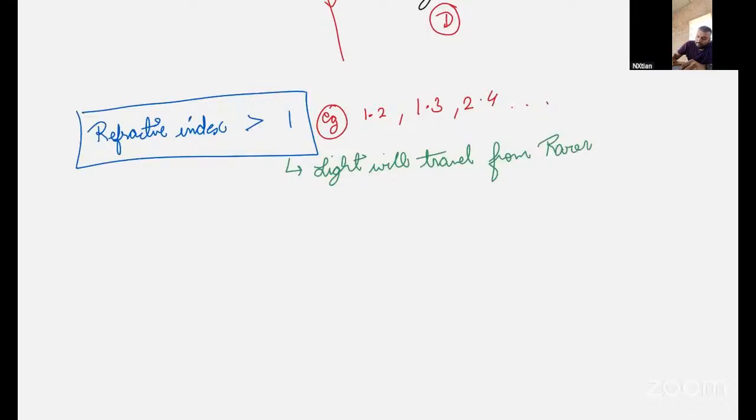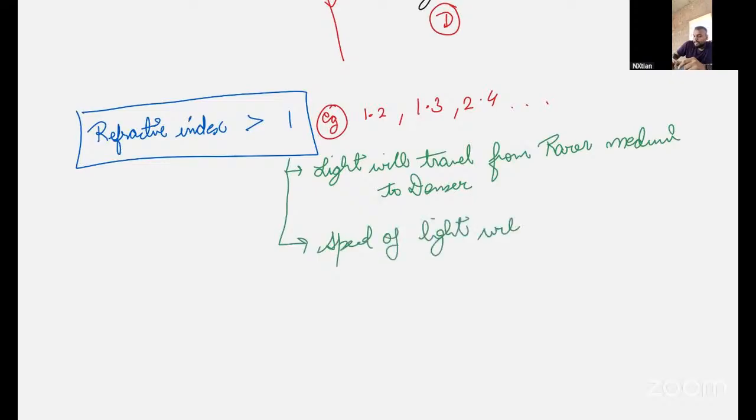Light will travel from the rarer medium to the denser medium. And as the light is now entering the denser medium, the speed of light will decrease.